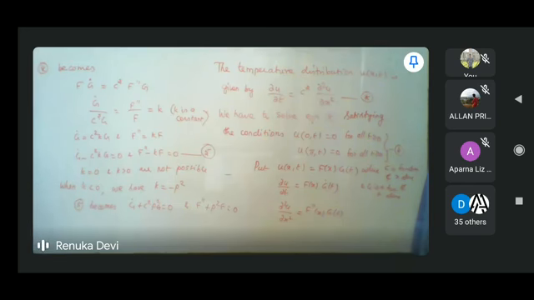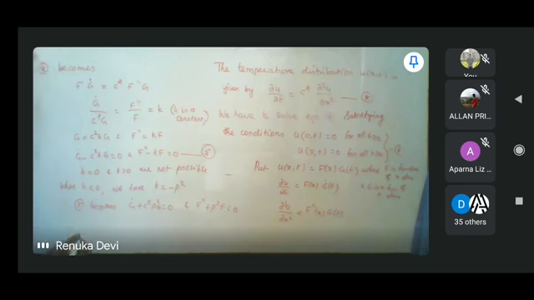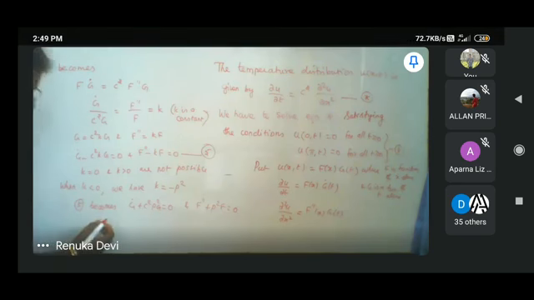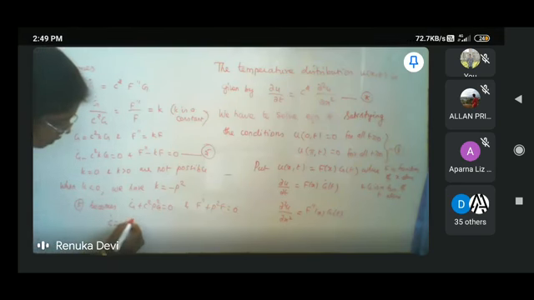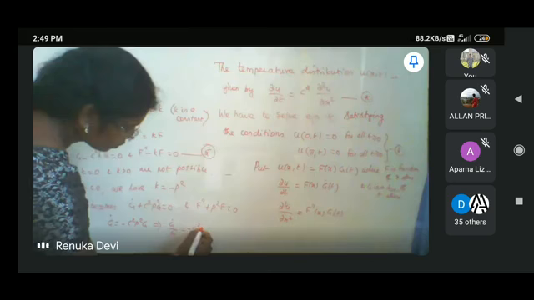So what do you get? Shall I write directly? The same procedure. g dot equal to minus c square p square g implies g dot by g equal to minus c square p square.